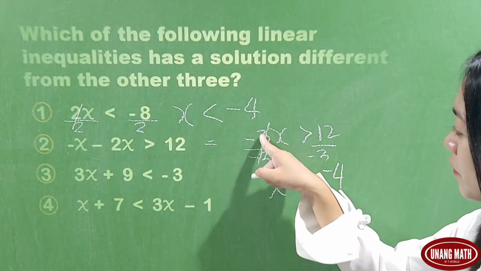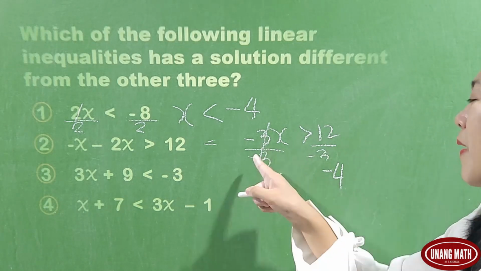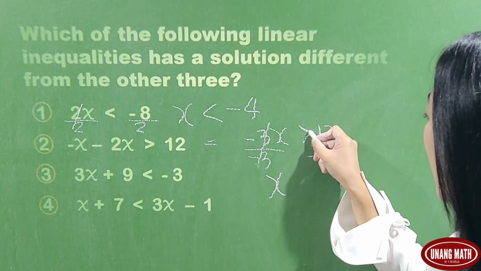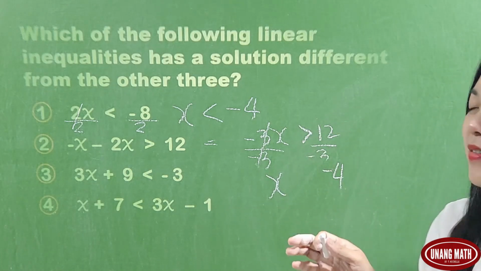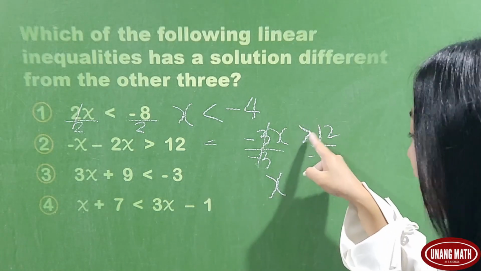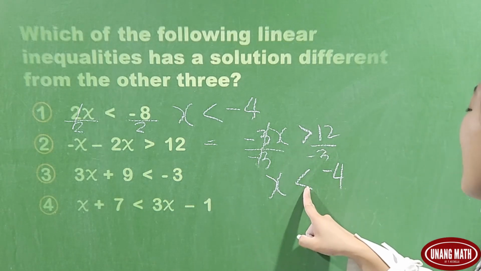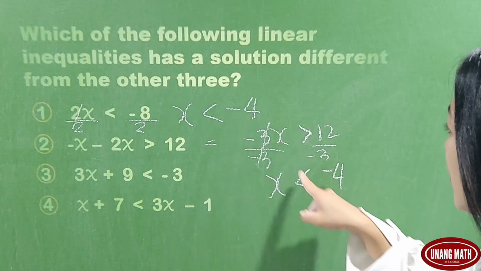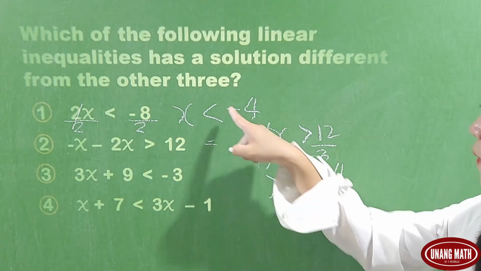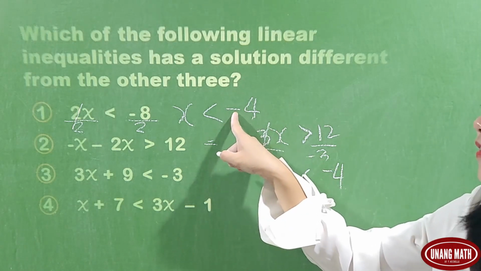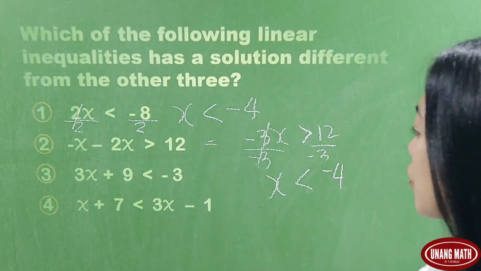And since we divided both sides of the inequality by a negative number, the symbol reverses. From greater than, this now becomes less than. So x is less than negative 4. It's just the same answer that we get from the first option.